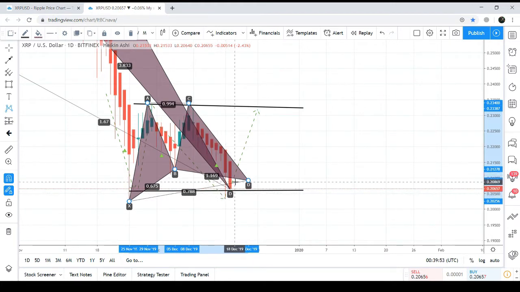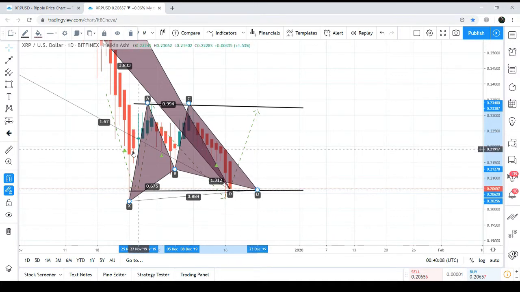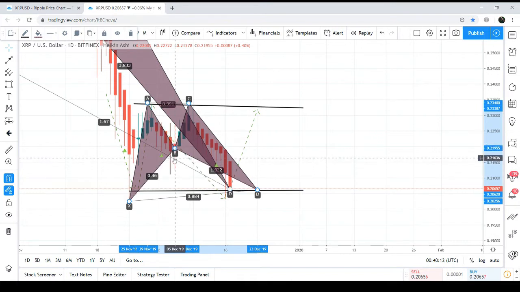So this can also be a spike, or otherwise it can be a bullish bat pattern up to 0.886 Fibonacci, almost up to here, and from here it should be not more than 0.50 Fibonacci, almost up to here.